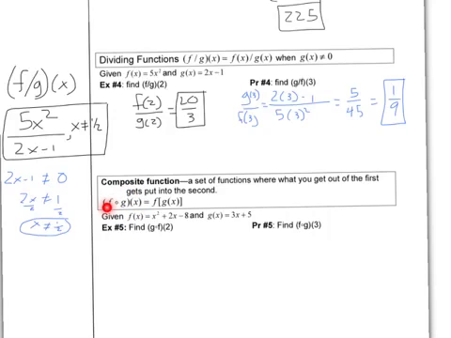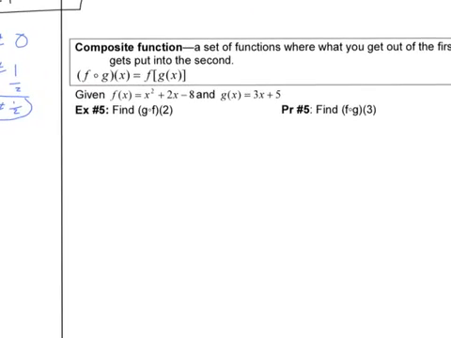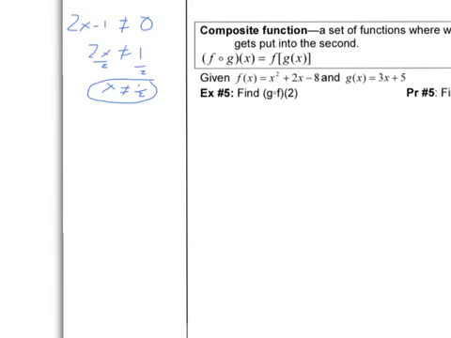So again, over here on the side, I'm going to do just f circle g of x first, so I can show you how this would look. So let's take g of x and let's plug it into this function. Well, it would look something like this.